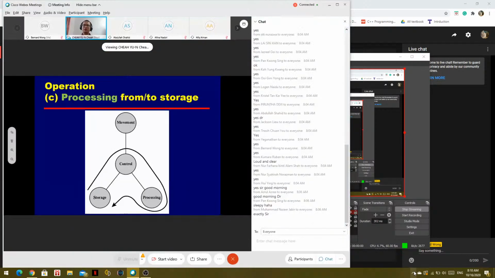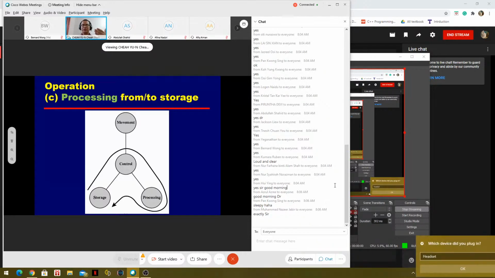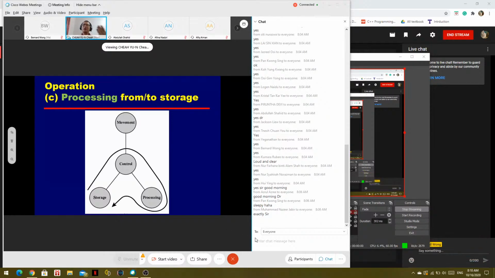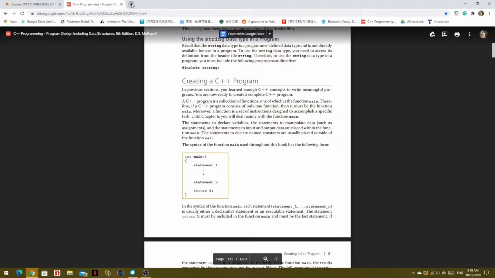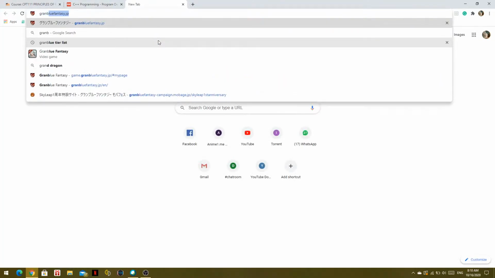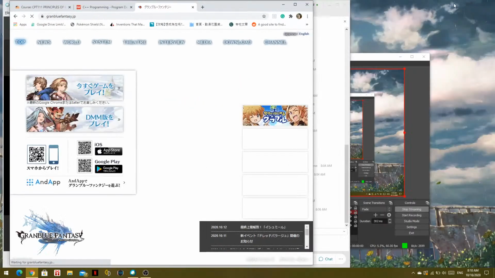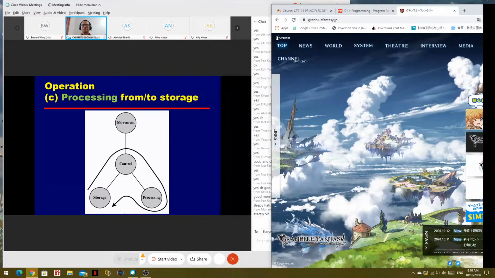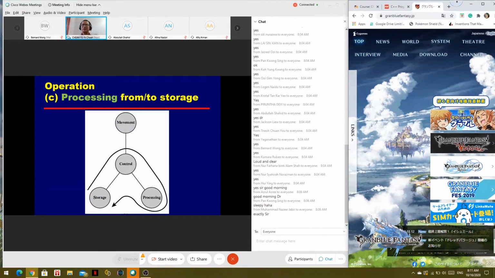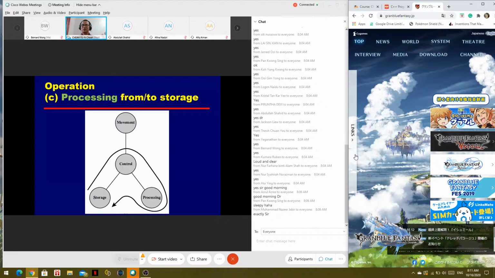So in this diagram, the processing happens to and from the storage. Again it is facilitated by the control mechanism, and then the processing happens. After the processing has finished, the output needs to go somewhere, and of course it goes back to the storage. So that's how the processing operation happens.